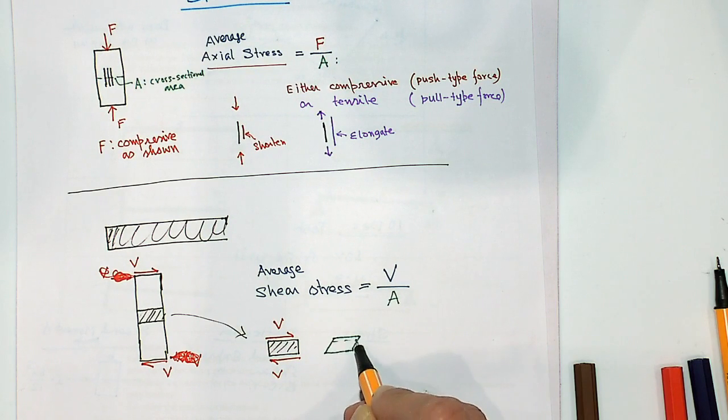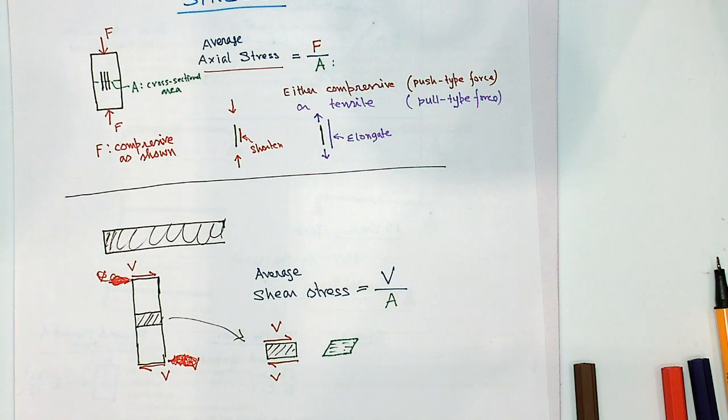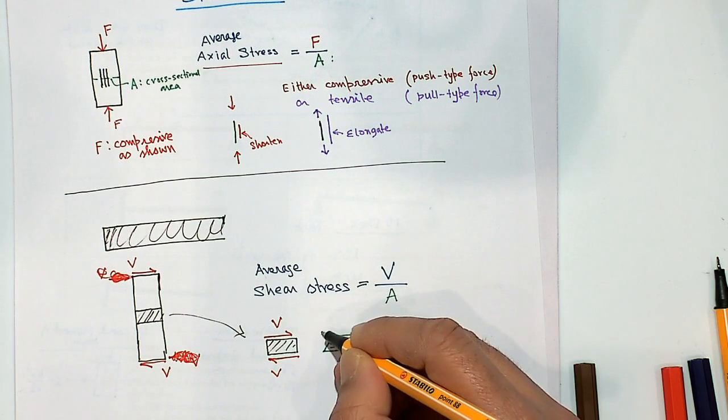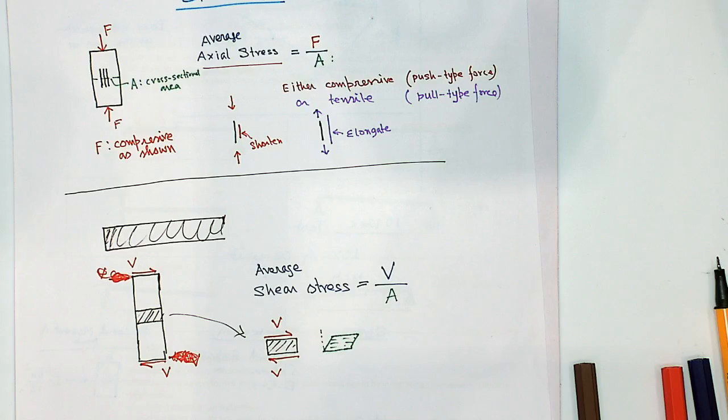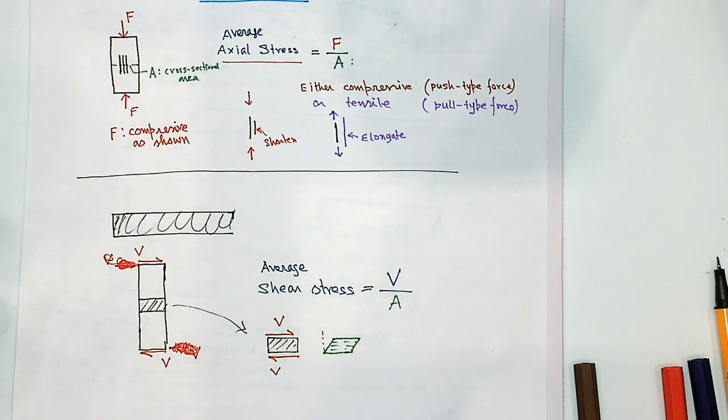So the deformation is in this way. It will change the angle. This side was perfectly vertical, and it changed to an angle.